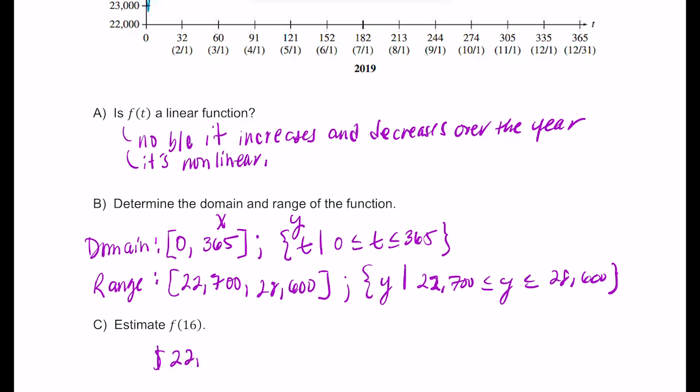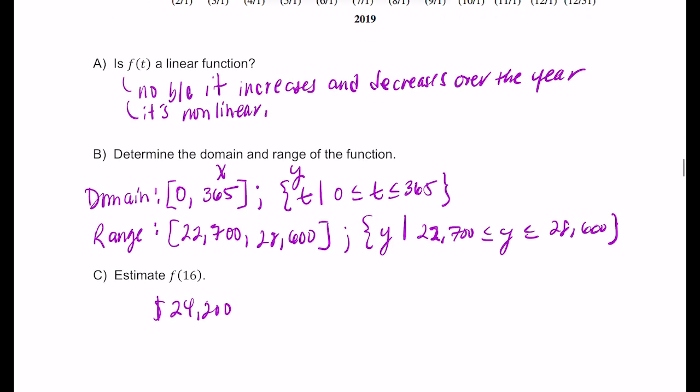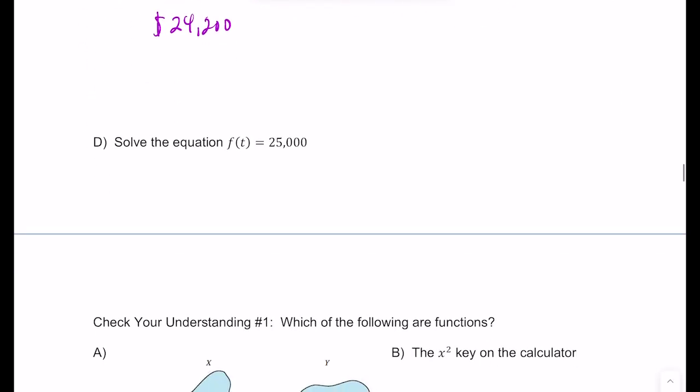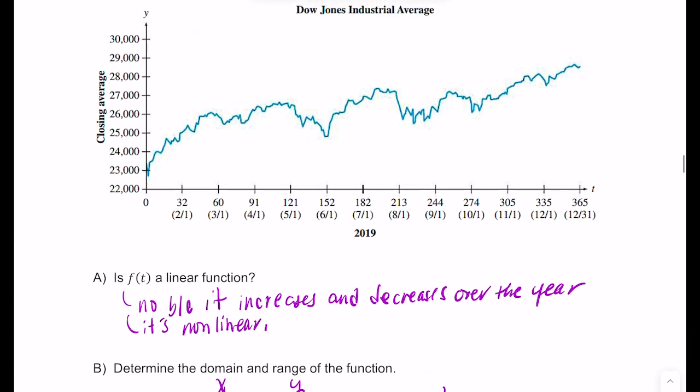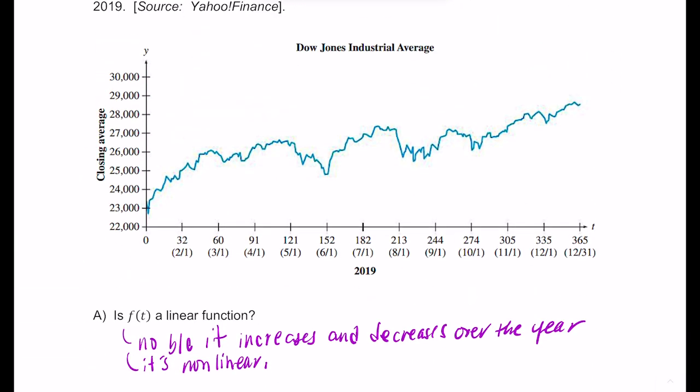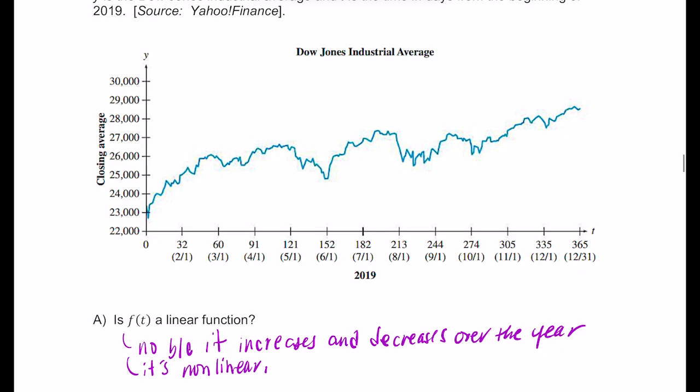Again, it's an estimation. Sorry, 24,200. Okay, and here we want to solve the equation, so it's basically saying, when the closing cost was 25,000, what was the date? Okay, so now we know that according to this graph, here's 25,000.